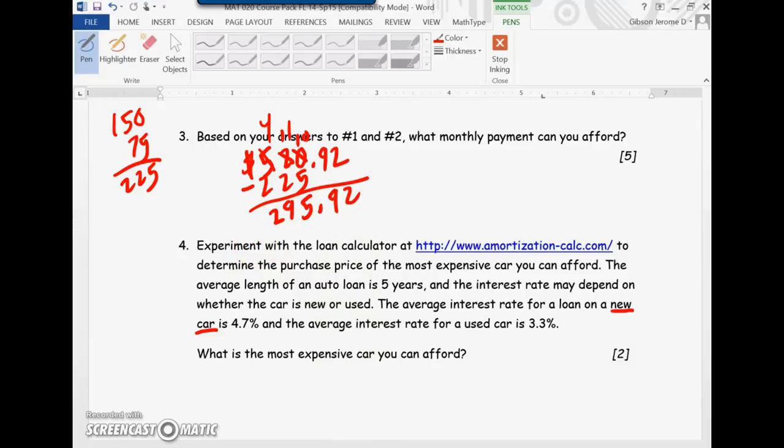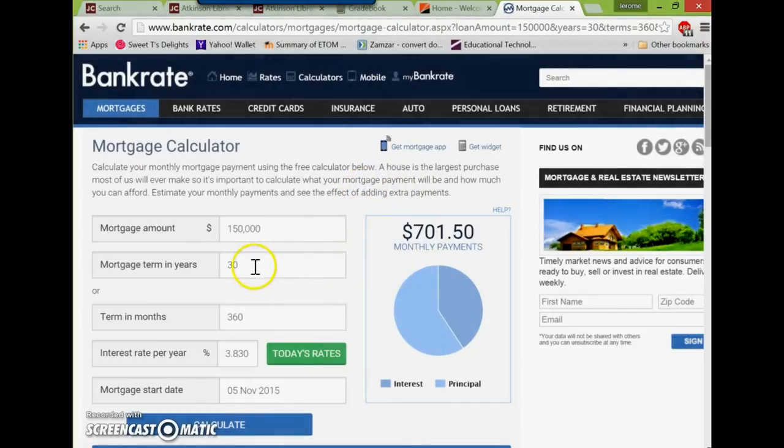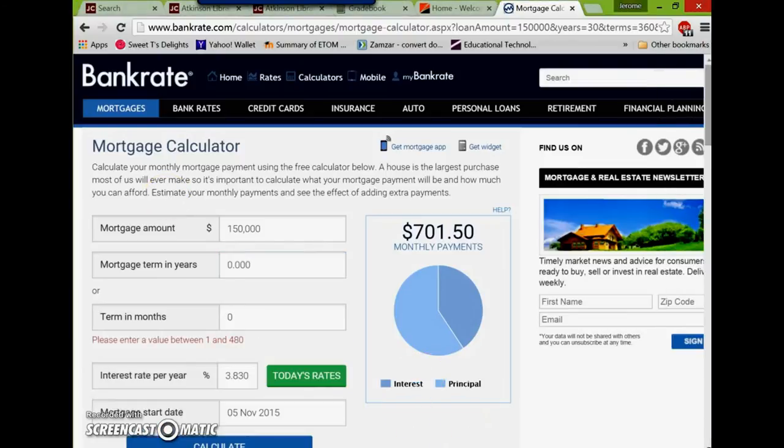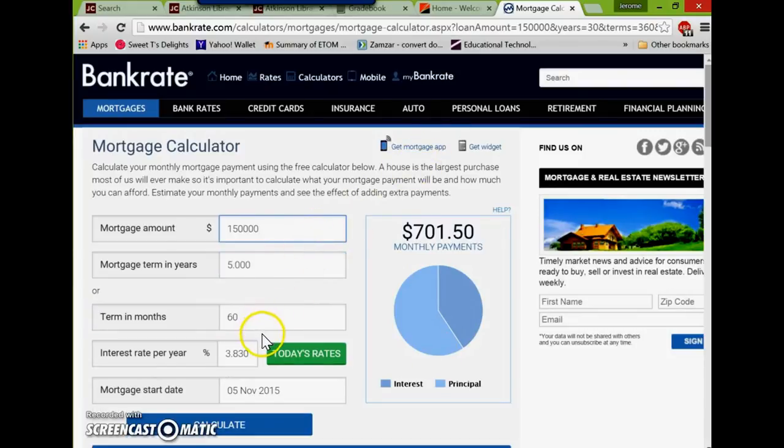I could do $295.92. So I'm going to try and get as close to that as possible. Now, the car loan, we can still use this mortgage calculator, but the car loan is only for 5 years. So in terms of years, we'll put 5. Now, we have the interest rate.